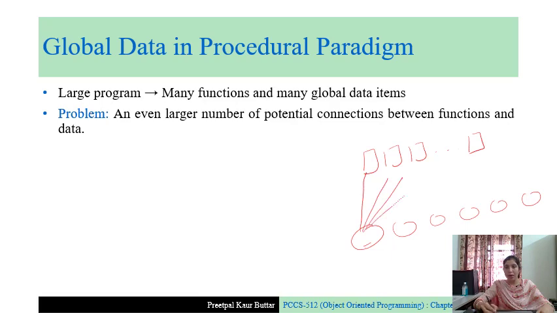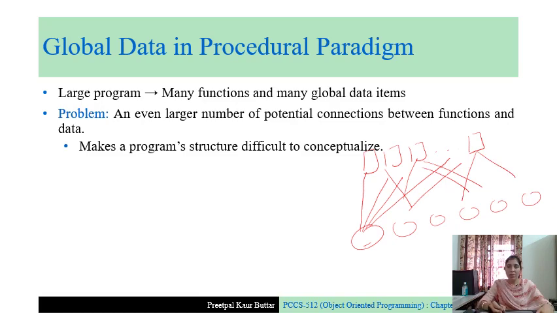Multiple, a very large number of connections. Connections here mean which function is accessing which global data item. This will make the program structure difficult to conceptualize. This is our second problem. Conceptualize means we cannot understand the flow of the working of the program. So it is unable to model the real world.